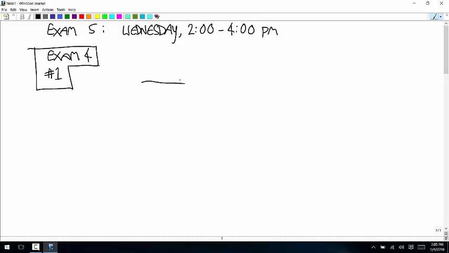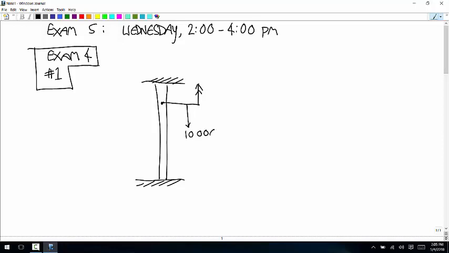Okay, so we have a column, and there are 2 external loads, a quarter of the way from the top down to the bottom. So, yeah, let's do it.